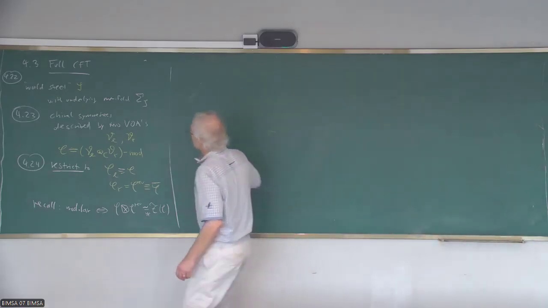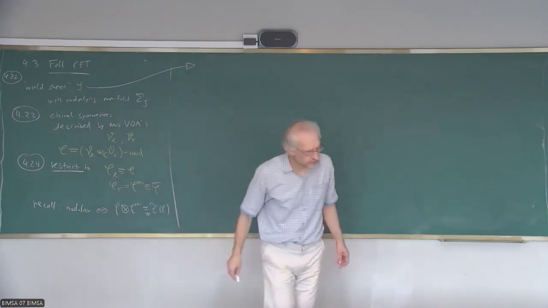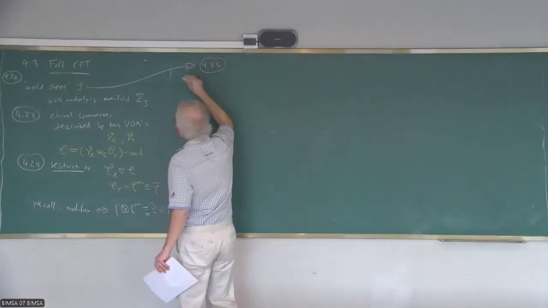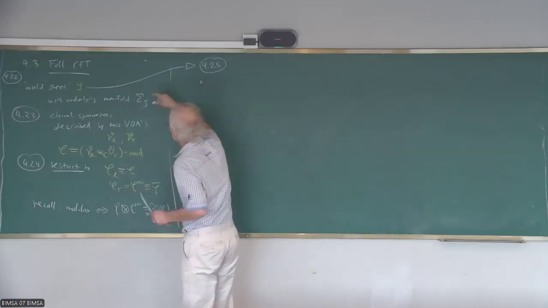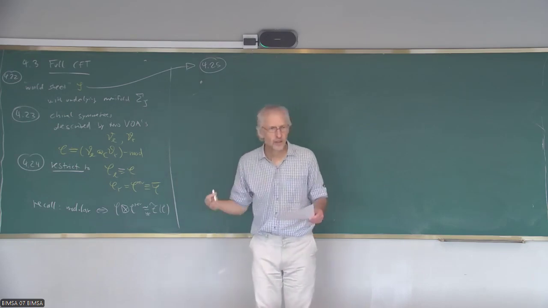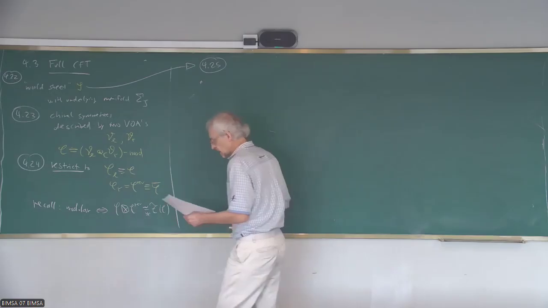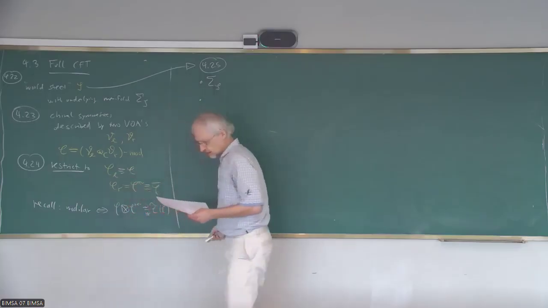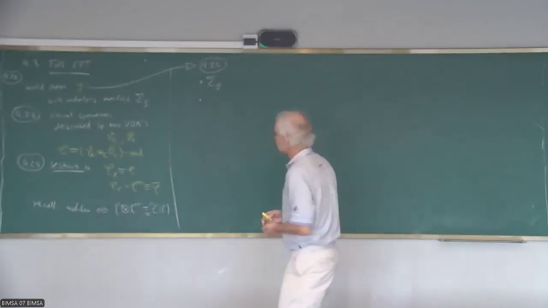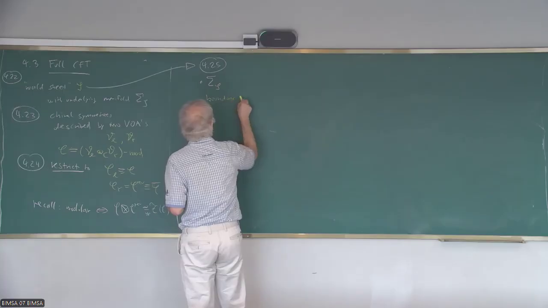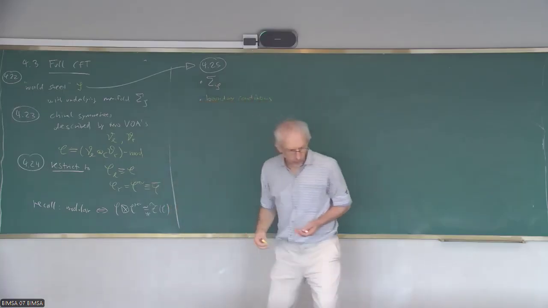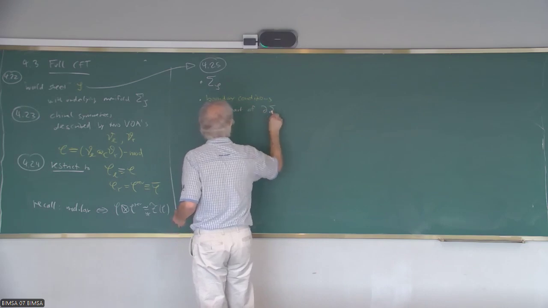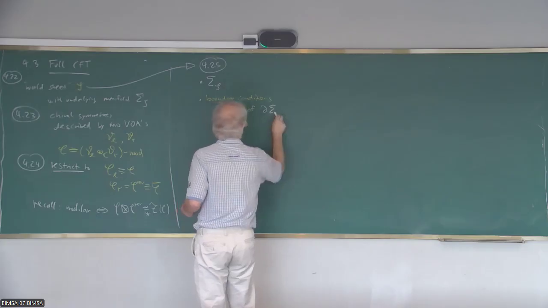Now I have to tell you still what ingredients I have in my worldsheet, which I denote by S. So there is first this manifold, a compact, smooth manifold, in general with boundary, which I call sigma S. Then I need something called boundary conditions on part of the geometric boundary of this surface here.